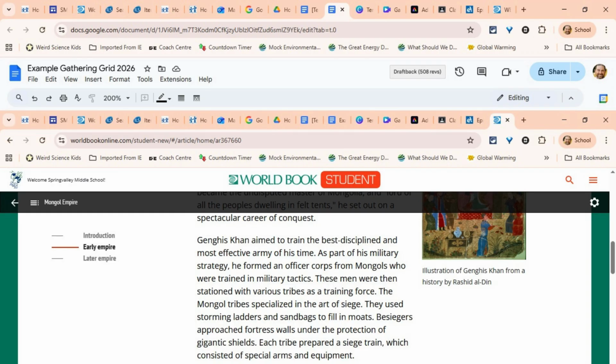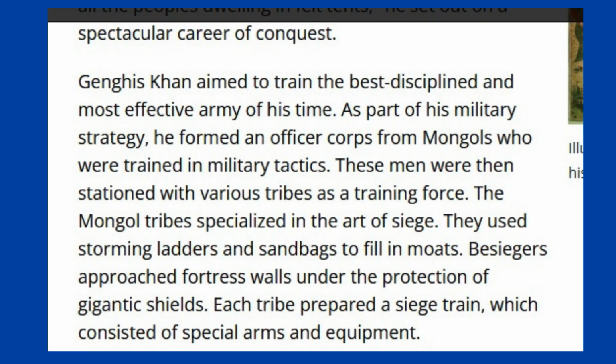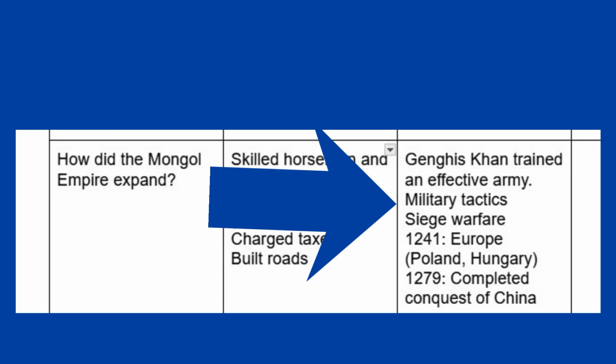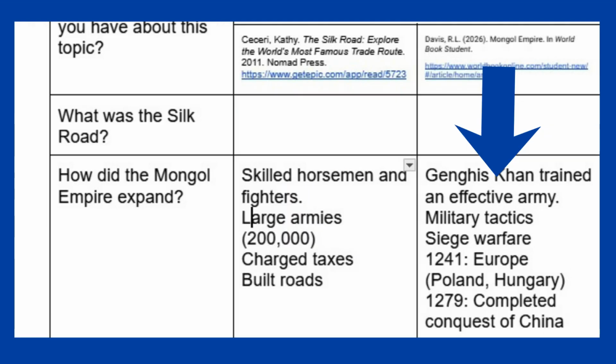And as I look down the page, I find some information that relates once again to how the Mongol Empire expanded. So I am going to record that information on my gathering grid. Once again, it's going to be beside the relevant question, and it's going to be underneath the source of information that I found the answers in.